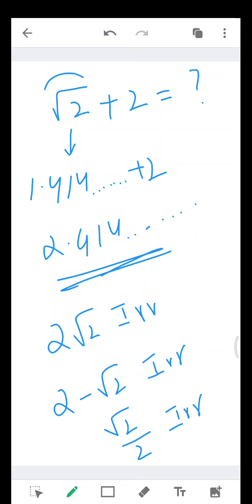So whenever an irrational number, that is a non-perfect square number, comes with a rational number, either in addition, multiplication, subtraction or division, however it comes, that will give you an irrational number. So all these numbers have a non-perfect square number, so all these numbers are irrational. Keep this in your mind.